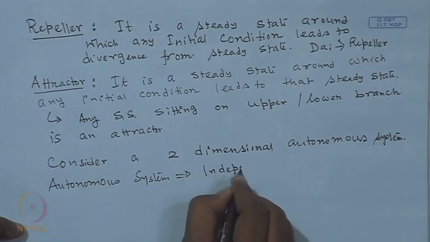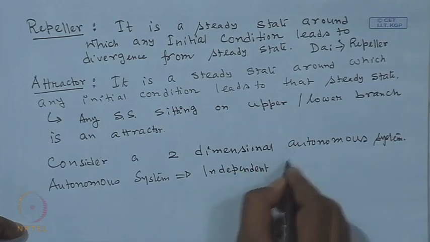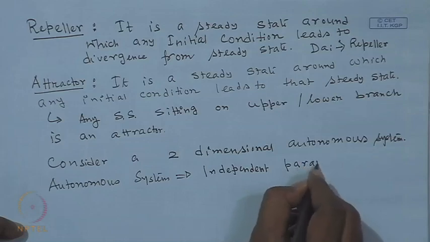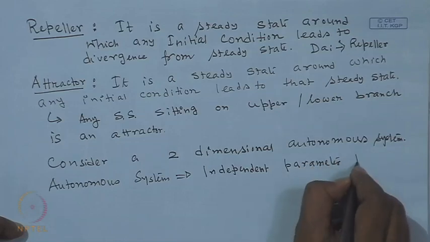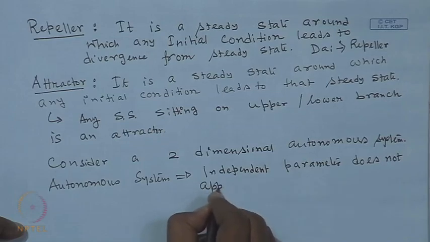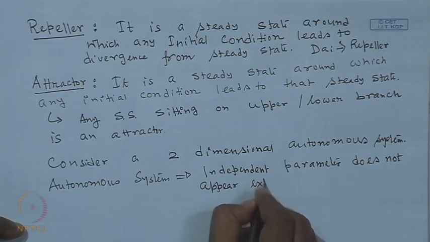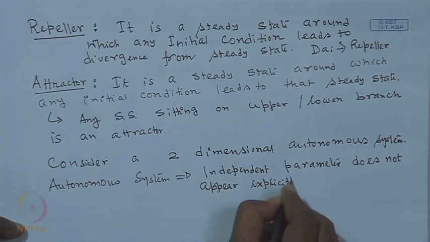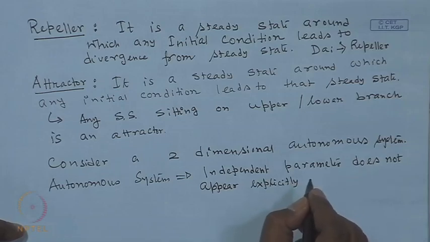If the independent variable does not appear explicitly, then we call that system an autonomous system.